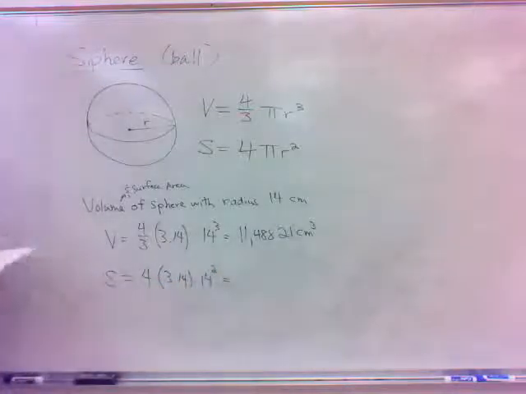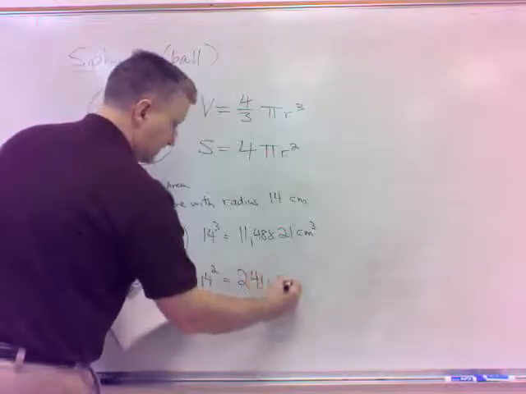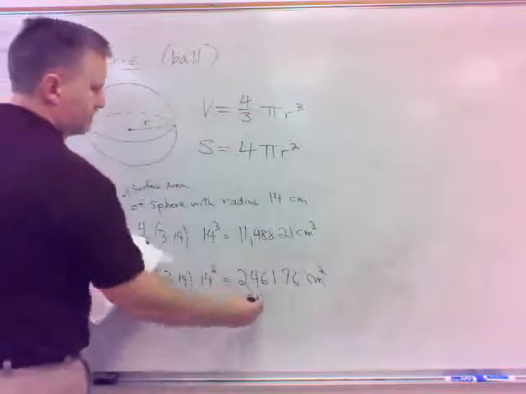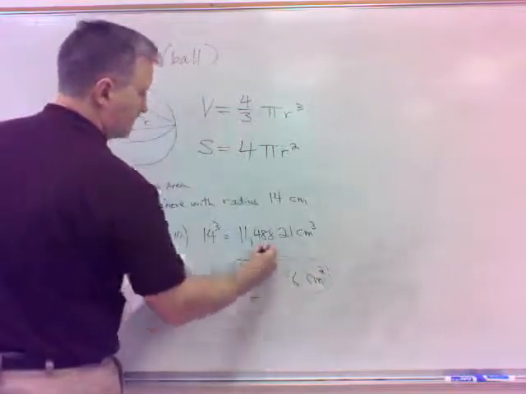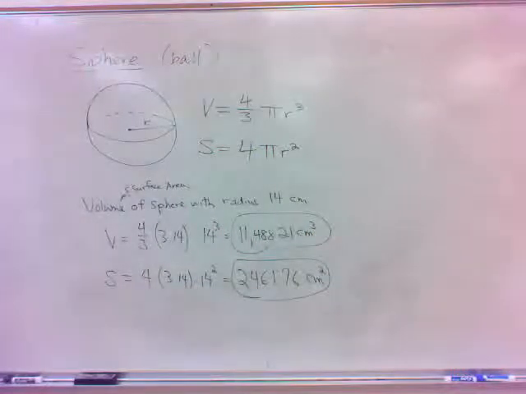So I'd just do 14 squared, so that'd be 4 times 3.14 times 14 squared, 2,461.76 surface area. So we're back to square centimeters.